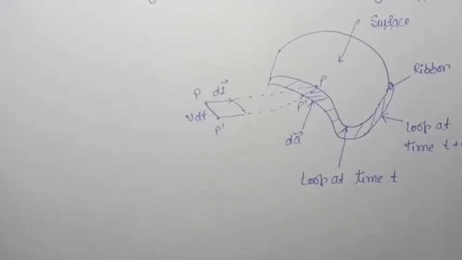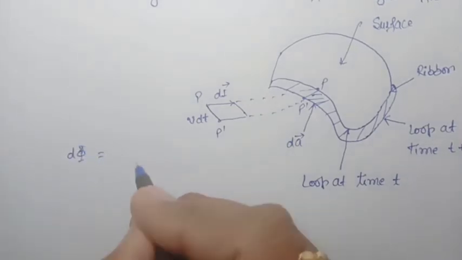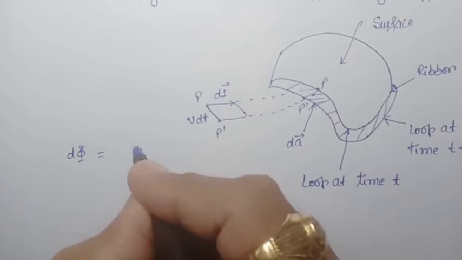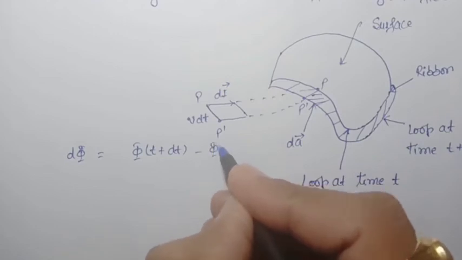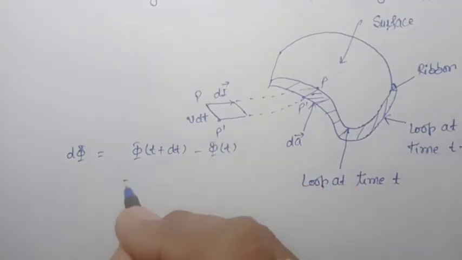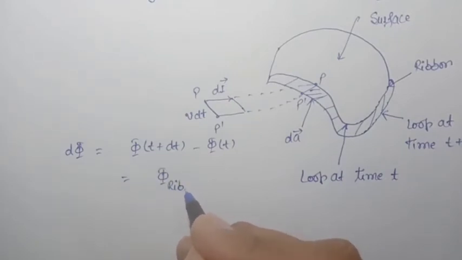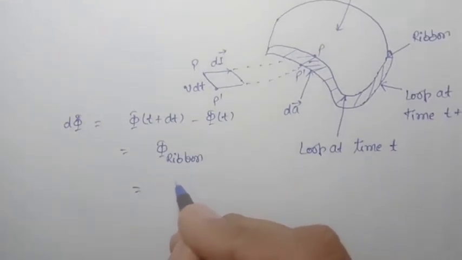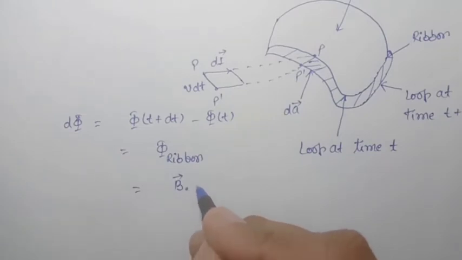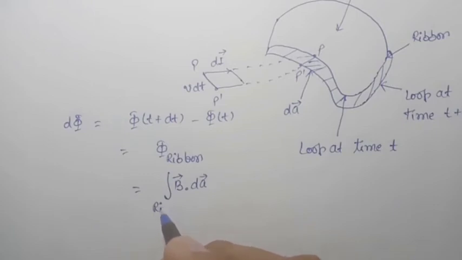Then mathematically we can write the change in flux d phi is equal to phi at t plus dt minus phi at t, and this is equal to phi of the ribbon, that is the flux of the ribbon, which is equal to B dot dA of the ribbon.